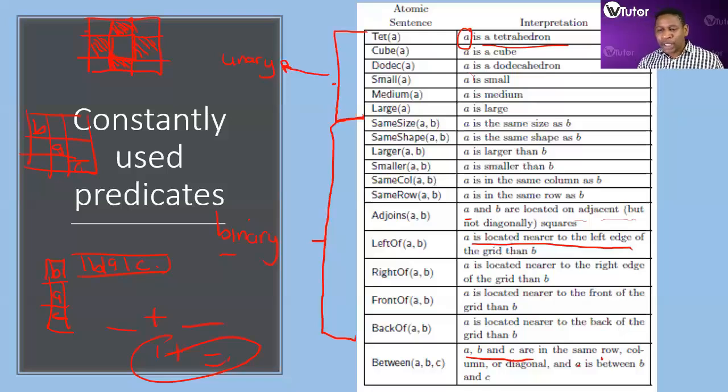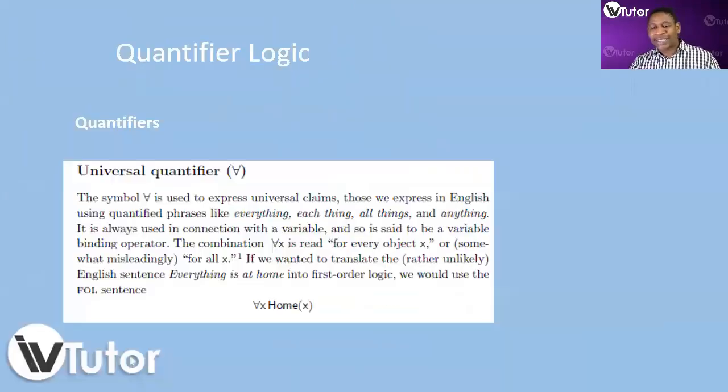Right. Now, additional to that, I'm going to add on quantifiers. So a quantifier on a predicate, right, is a symbol used to express a universal claim. So we said X defines what we called a domain.